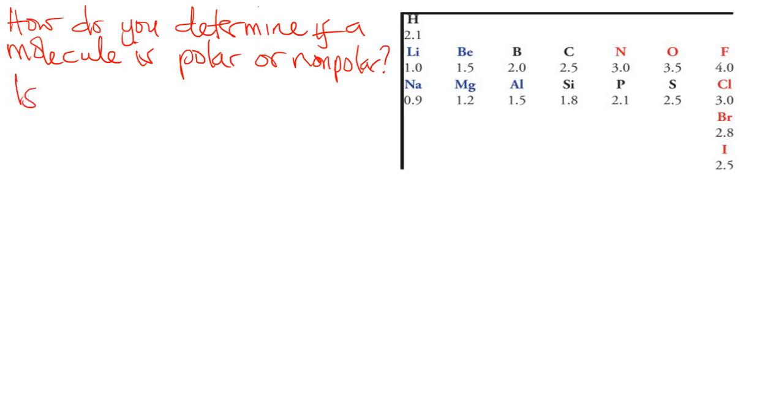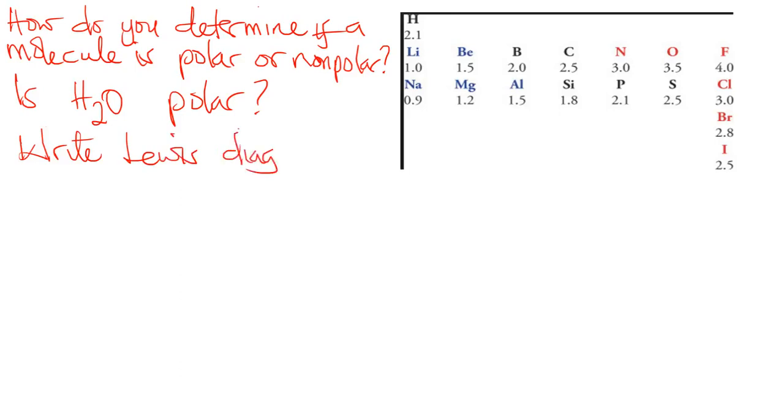So is H2O polar? That's a question that we need to address. For you to determine if a molecule is polar, the first thing is to determine its Lewis diagram and shape. So write the Lewis diagram and shape of the molecule.